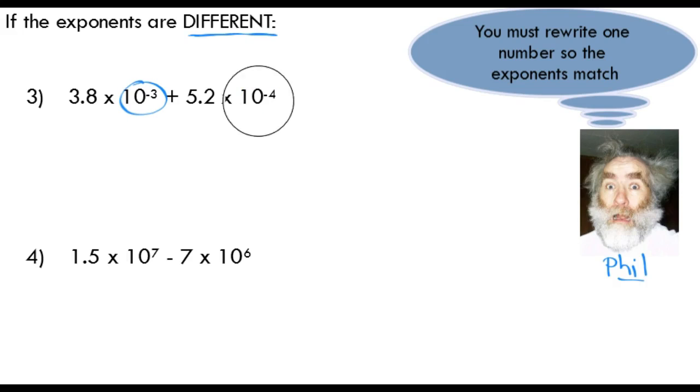That's no good. So you can change either one. I can change the negative 3 to a negative 4 or the negative 4 to a negative 3. But I like to be consistent so that we're not just changing the rules constantly. So I like to take the smaller one, the 10 to the negative 4, and I want it to be 10 to the negative 3.